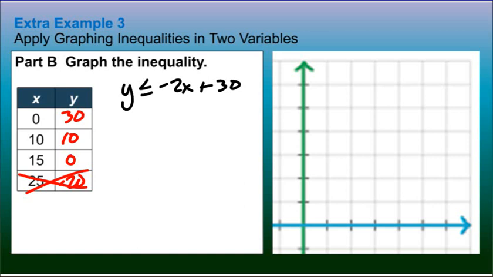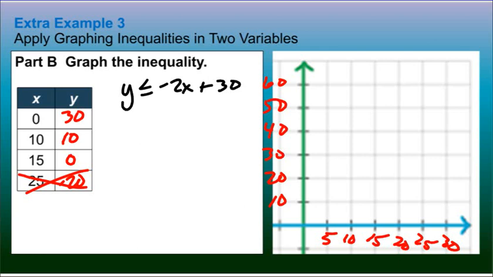I'm going to count by tens for my y's. So 10, 20, 30, 40, 50, 60, and I'm going to count by fives for my x's. This would be 5, 10, 15, 20, 25, 30. And then we're just going to plot our points down here.